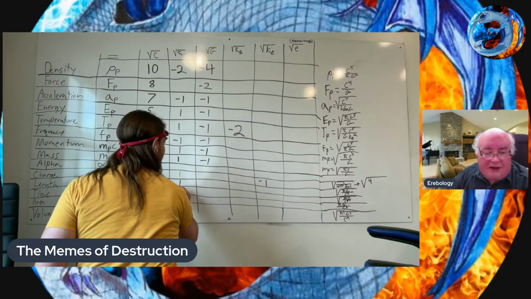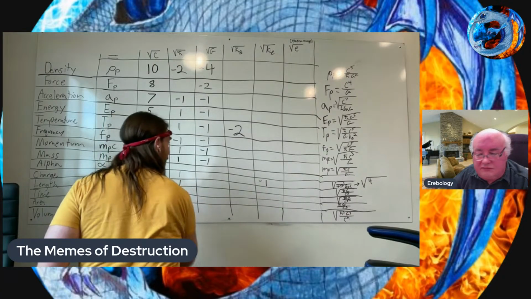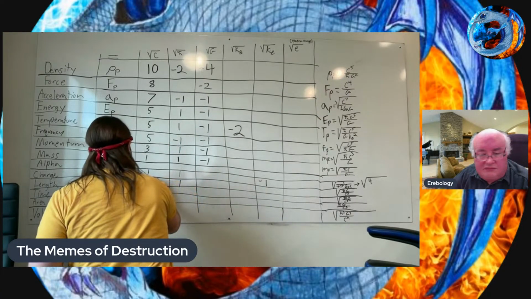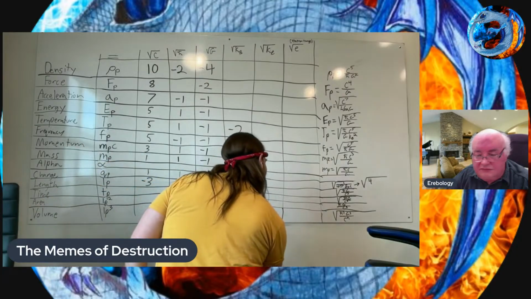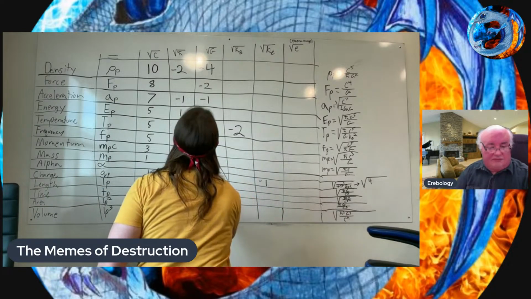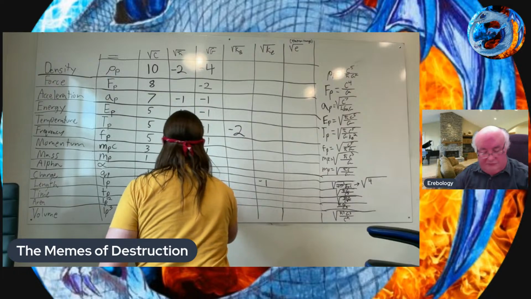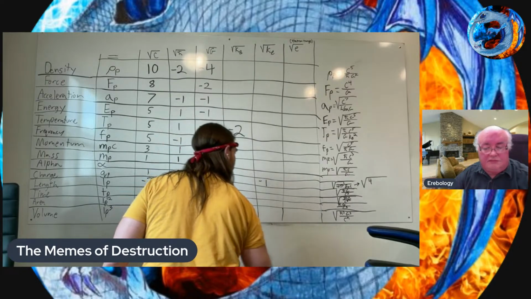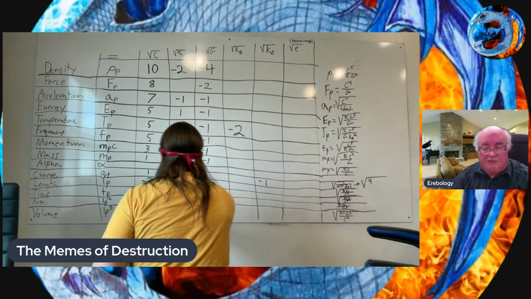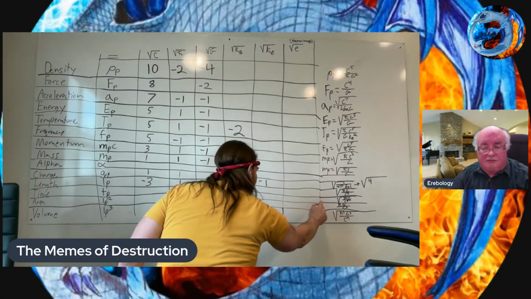So length would be, all right, 1 h bar minus. Hold on, wait. Okay, that's under the radical, so that would be -3, and then 1 radical g length, and then we've got time, which is okay.